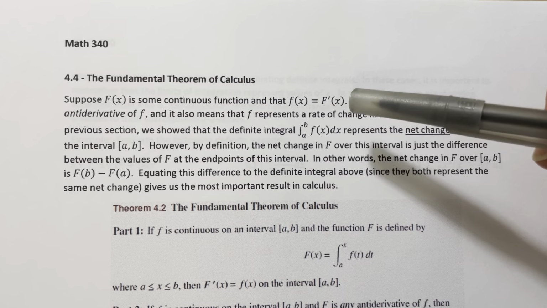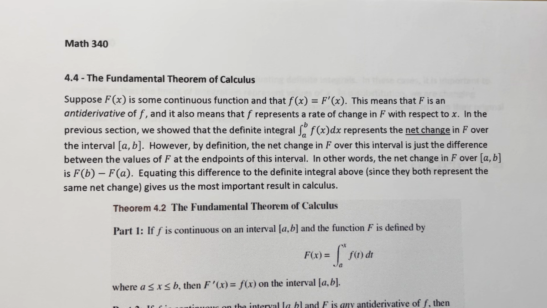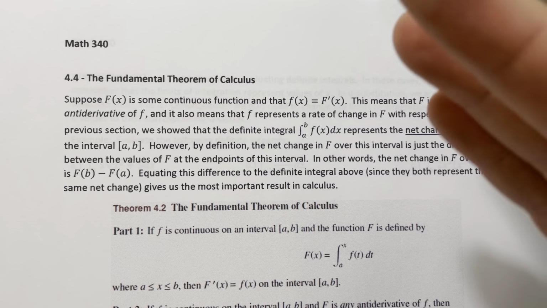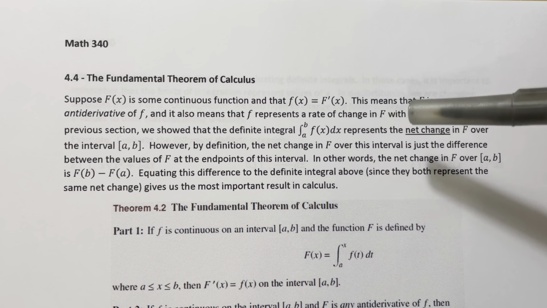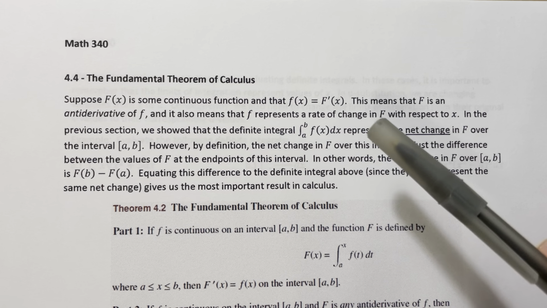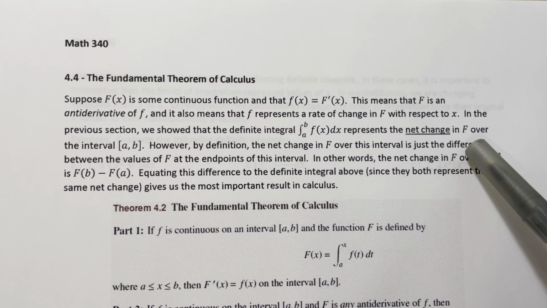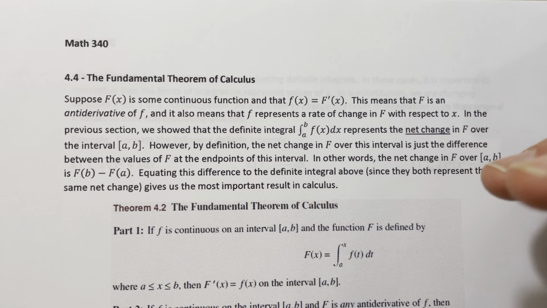Specifically, it represents the net change, sorry, not in the integrand, but in the function that f would have been a derivative of, over an interval. In this case, the definite integral from a to b of little f would represent the net change in big F over that interval a b. And we talked about why that was back in 4.3.